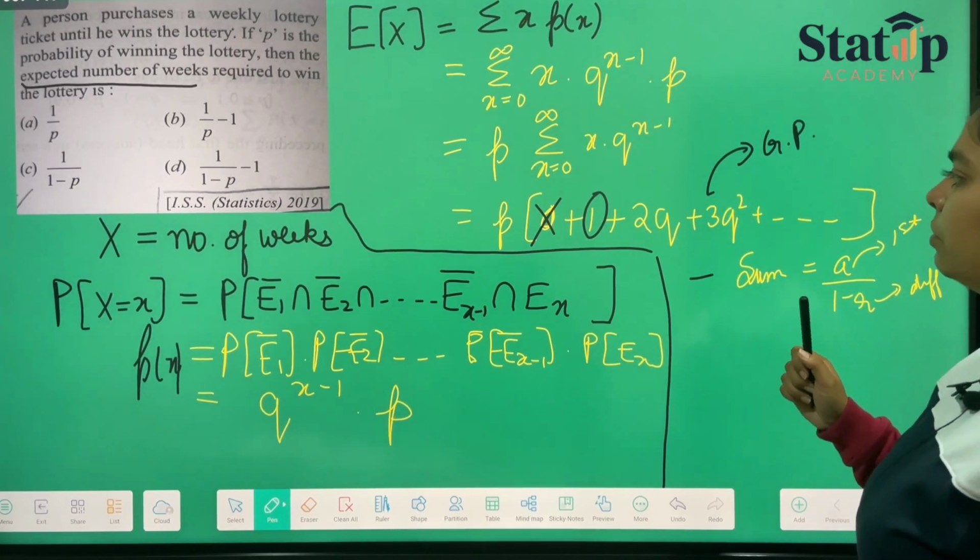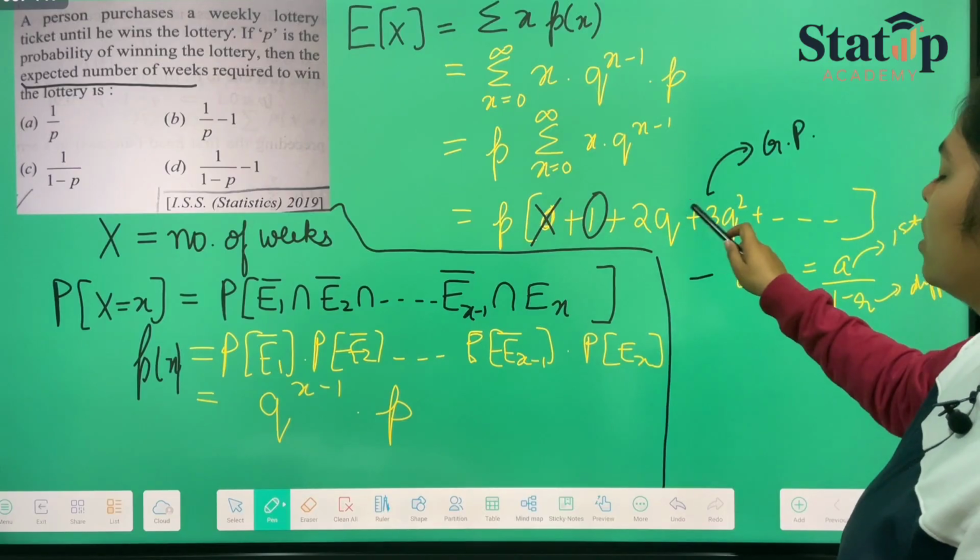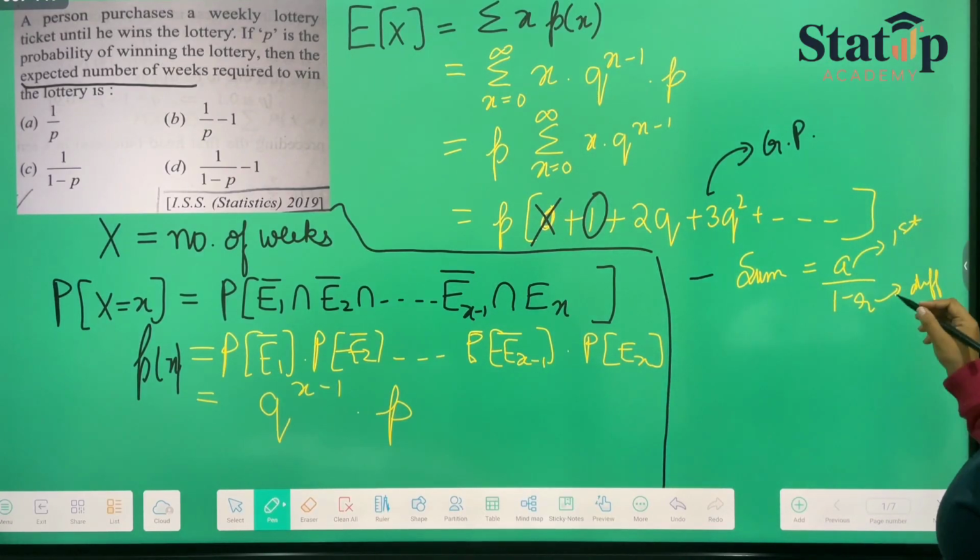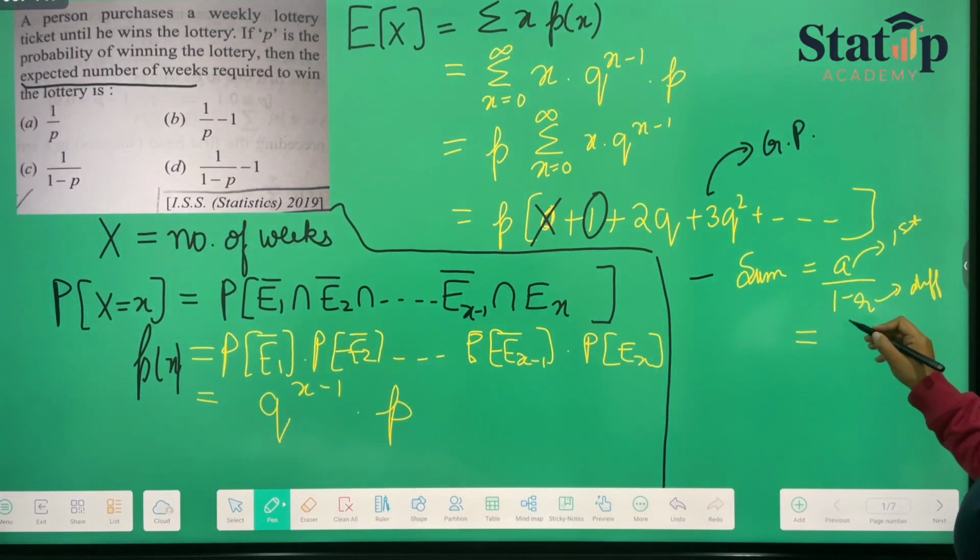Everywhere it will be 1 minus q, so here it will be 1 upon 1 minus q raised to the power 2.